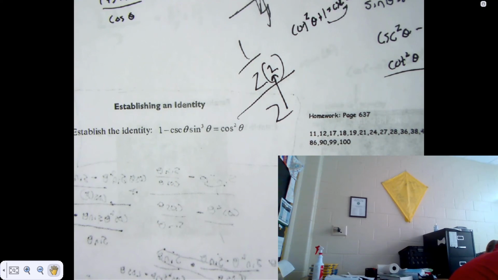If you're confused, use your reciprocal identities. One of the very first things we did was we rewrote things. I know cosecant can be rewritten.